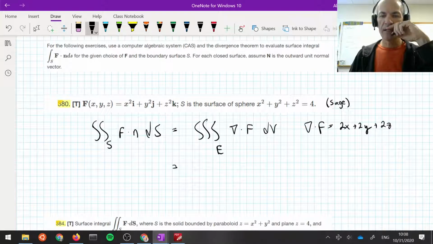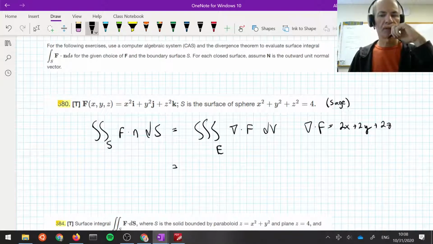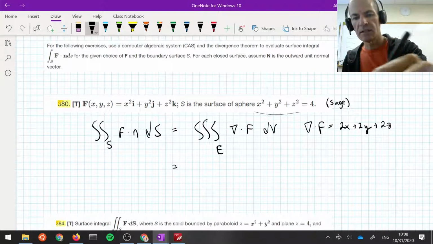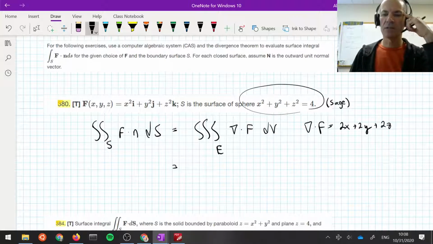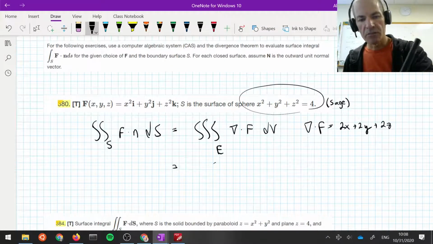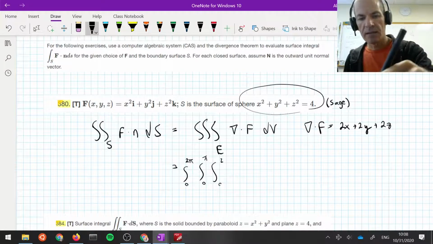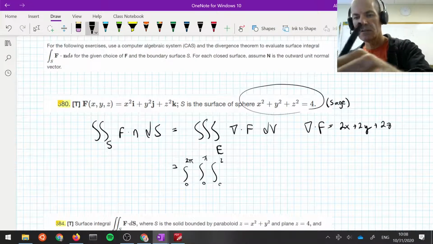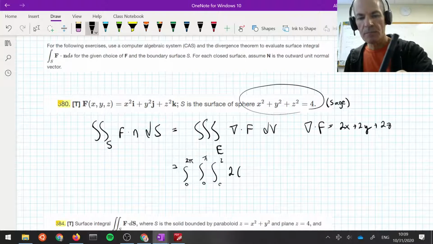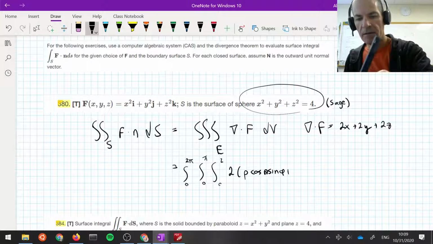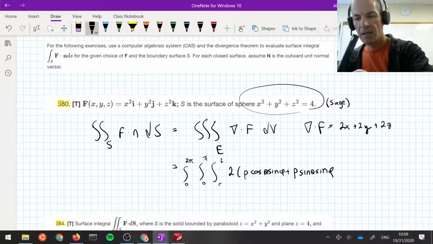It's probably a good idea to do this in spherical coordinates because the volume that's being enclosed is a sphere of radius 2. So we'll integrate from 0 to 2, 0 to pi, 0 to 2 pi, and we'll convert this expression to rho cosine theta sine phi, rho sine theta sine phi, and rho cosine phi.